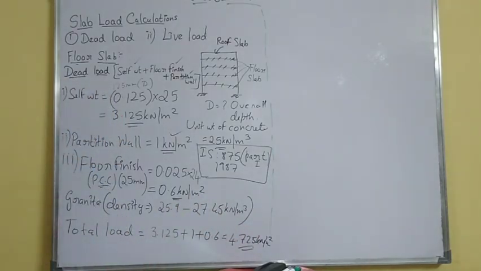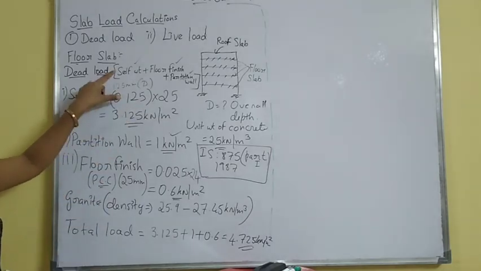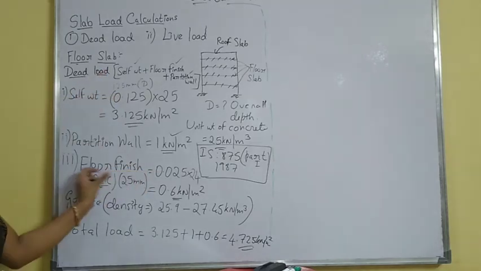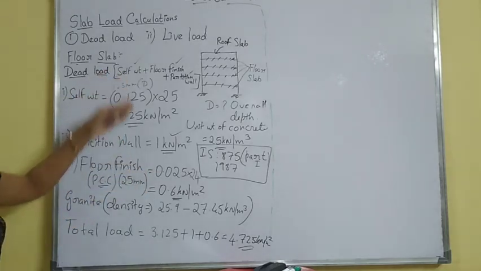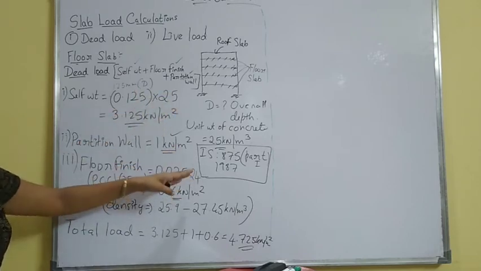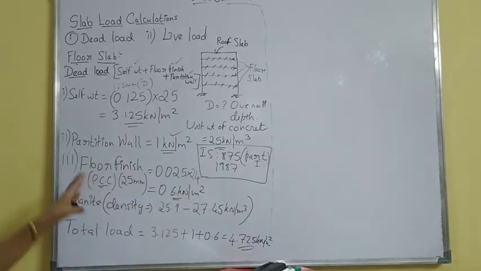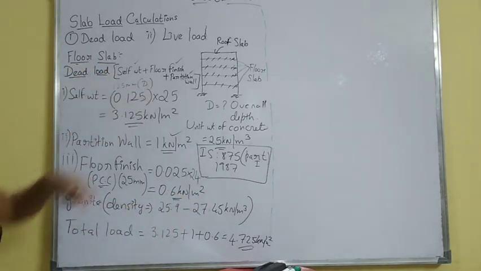This is your total dead load. It varies with the thickness of the slab or of the floor finish, so you can vary the formula accordingly, using the density of concrete, the density of PCC, or the density of such floor finish, multiply and get the value of the dead load.